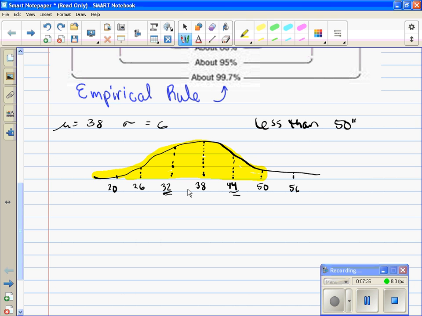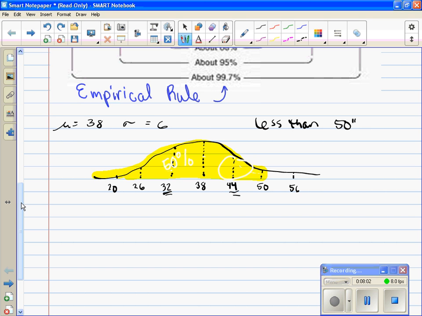Right? I want to know what percentage of the graph is over here. Now, it's nice because we know what half of it is. So we know over here I got 50%. So now, really all I got to do is figure out what's happening with these two sections. Okay? And that's just a little bit of math. It's not too hard to figure out.